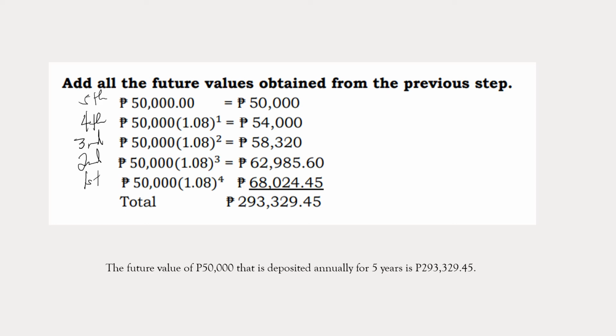In the second year, 62,985.60. And then, third year, 58,320. Fourth year is 54,000. And of course, yung last year ay 50,000. The future value of 50,000 that is deposited annually for 5 years is 293,329 pesos and 45 centavo.